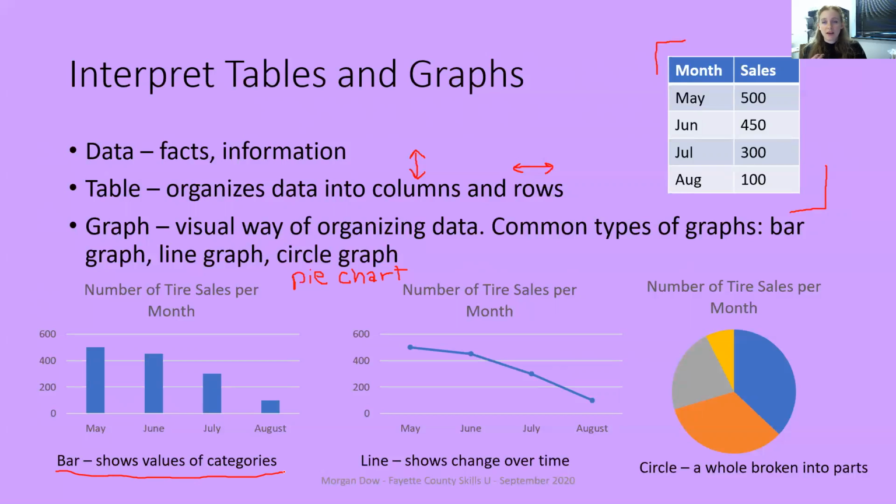Bar graphs really emphasize the amount of stuff you have in different categories. So I just took that same graph from the other page and put it right here, right? We've got our sales split up into different categories. So they're split up into months. And so you can see it's kind of like we got 4 different buckets here, and you can see how full each bucket is with sales.